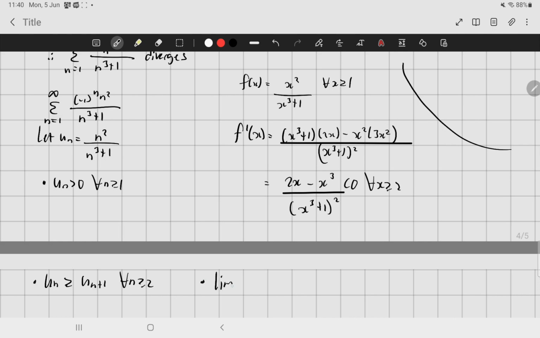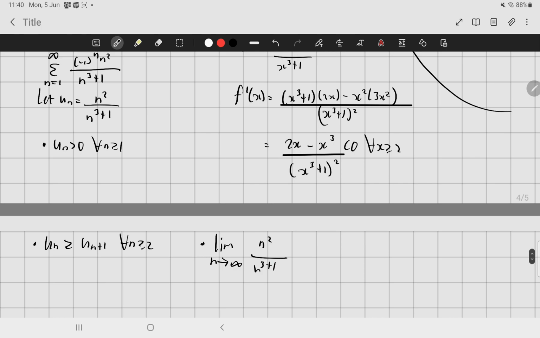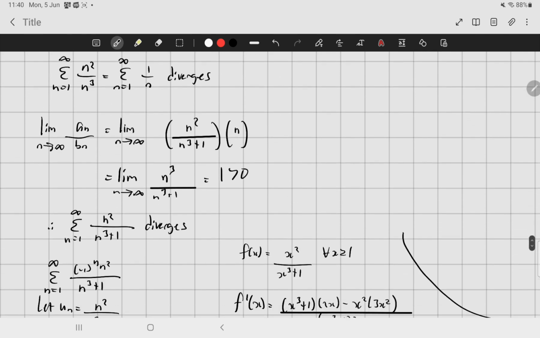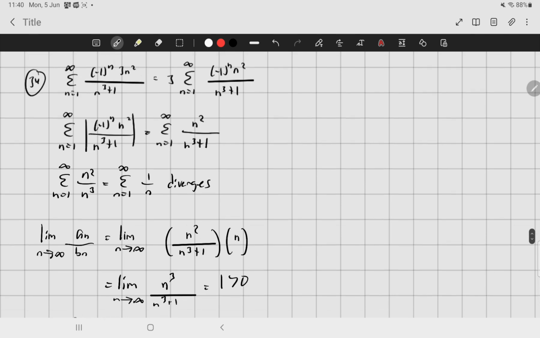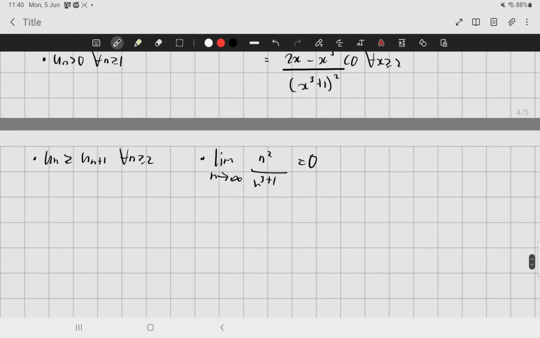Last will be the limit as n approaches infinity of n squared over n cubed plus 1. We know n cubed will always grow faster than n squared as n approaches infinity, therefore the limit becomes 0. Okay. Now this converges by the alternating series test.